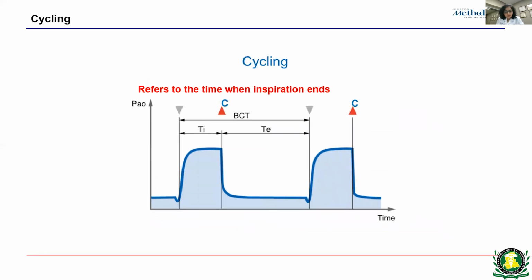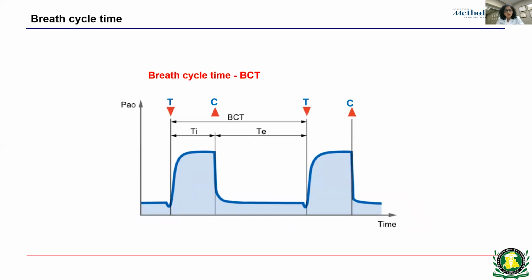Cycling refers to the time when inspiration ends. So TI, or inspiratory time, is the duration from a triggering point to the following cycling point. And TE, or expiratory time, is the duration from the cycling point to the following triggering point. Breath cycle time is the duration from one triggering point to the next triggering point.